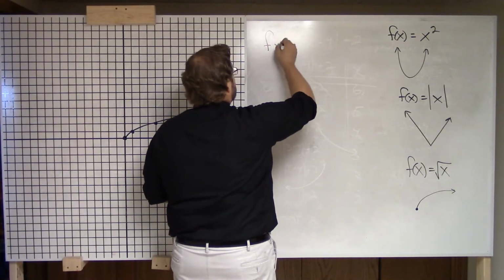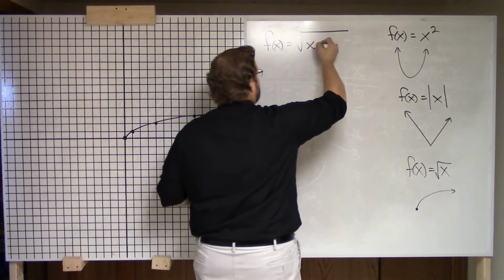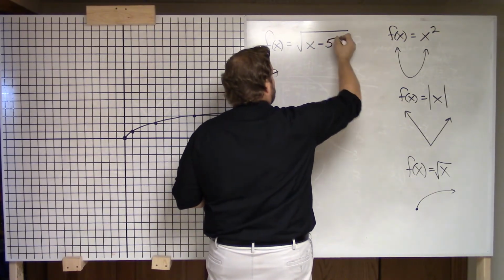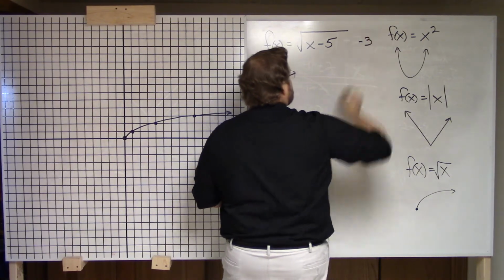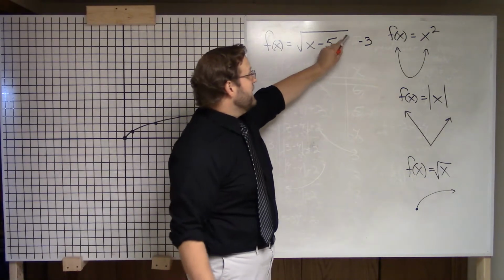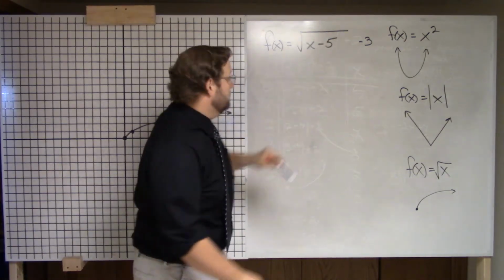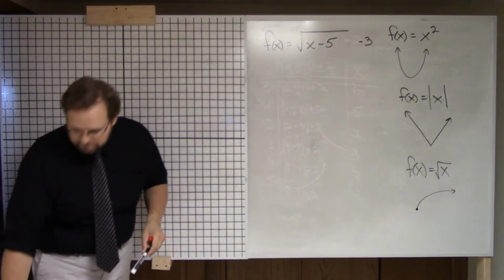Let's say we have something like this. Now, just to be clear, this minus 3 happens after the square root. Okay, so we have that square root of x minus 5, then we subtract a 3.